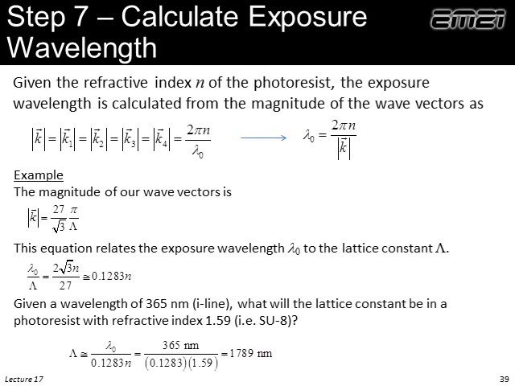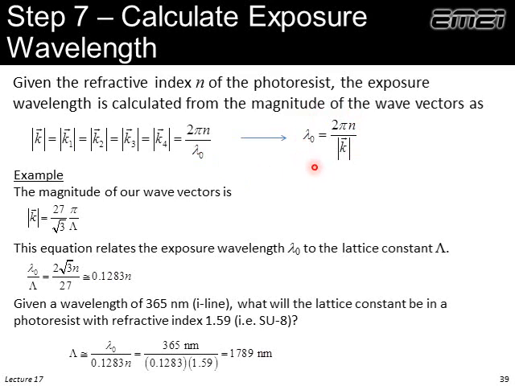First, we need to relate our exposure wavelength to the period of the lattice that we are inducing. So let's remember, the magnitude of all of our wave vectors are the same. So we can just write it as magnitude of K. They're all the same. They're in different directions, but their magnitude is the same. And that is simply 2 pi over the wavelength in the photosensitive material, or 2 pi times the refractive index of the photosensitive material divided by the free space wavelength.